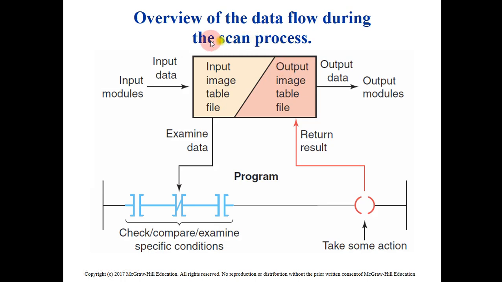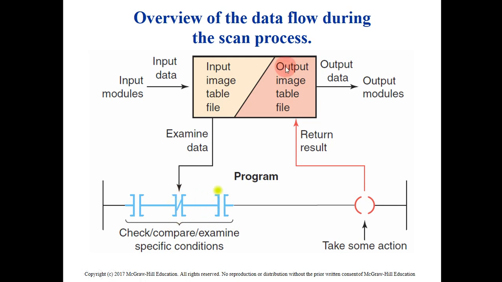As we said, the first point of the data comes from the sensors or switches. So this comes from the sensors and switches, and goes to the input modules. From the input modules, it will go through the input image table that we mentioned before. From the input image table, it will examine the program inside the memory. So the input data will be compared with the existing program or instructions.